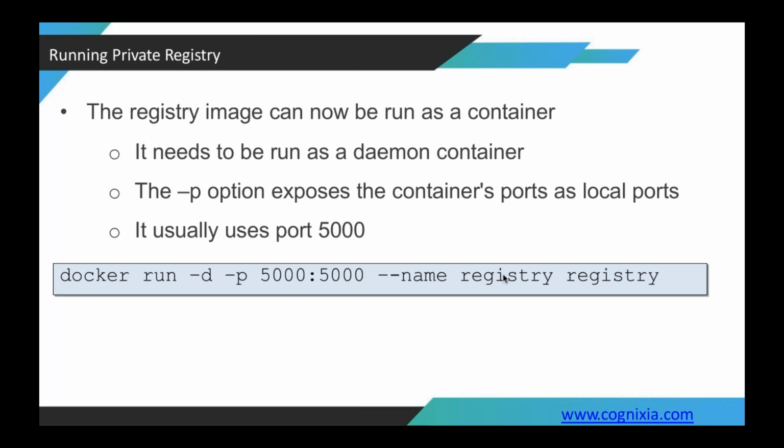So both are 5000 in this case. The name of our container is registry, and the image that we are going to run is again registry. So it will create a registry container running on port 5000. We can send requests to this registry container and store the images inside it.